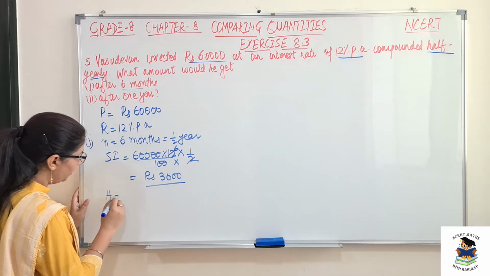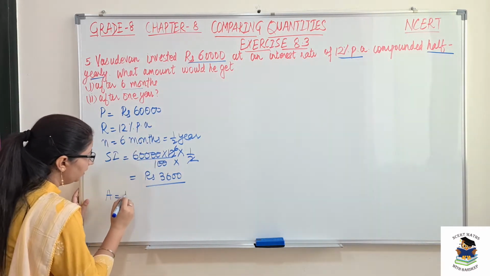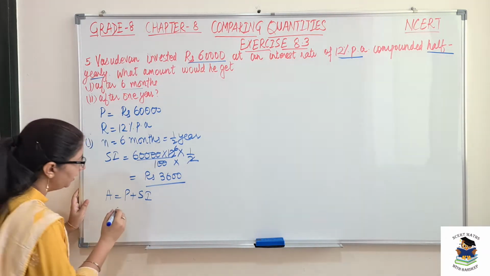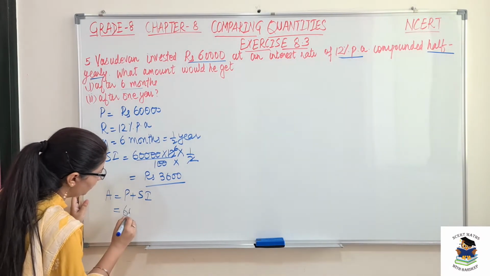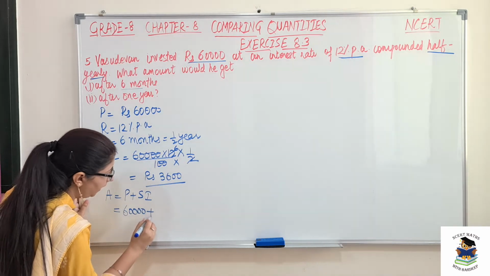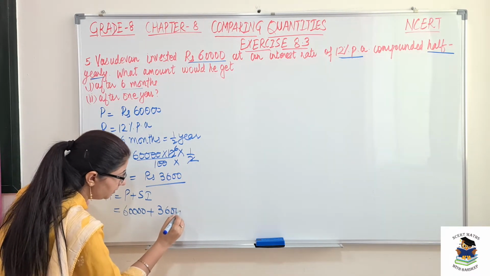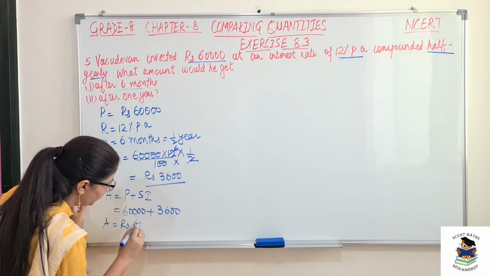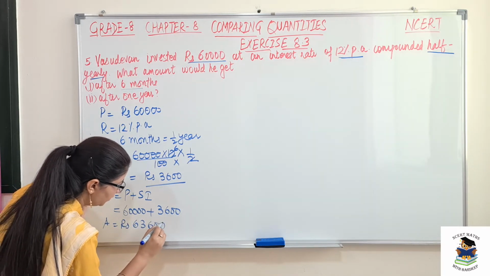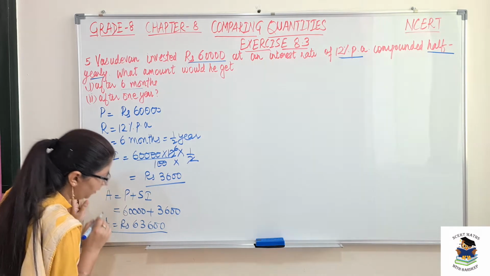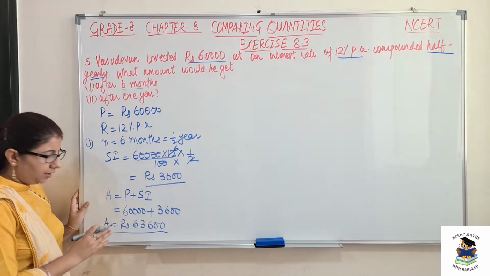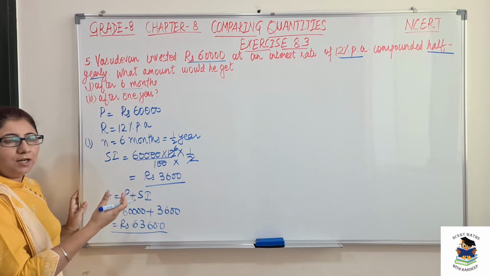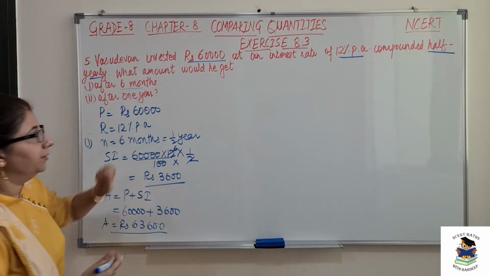So what should be the amount in our case? That is P plus simple interest. P is 60,000 and interest is 3600. So we will get the amount as 63,600 rupees. So now let's see what the amount is after 1 year.